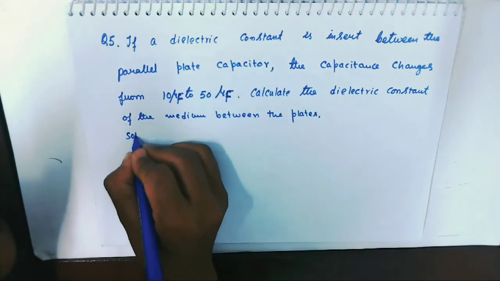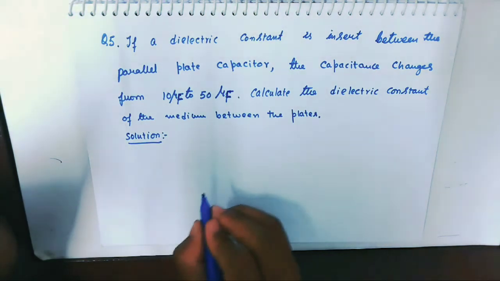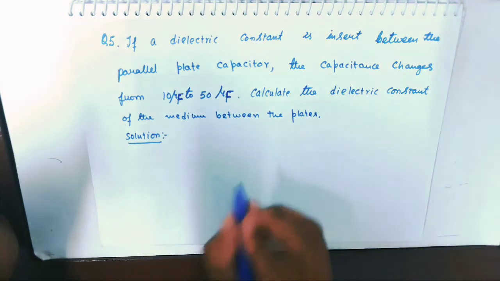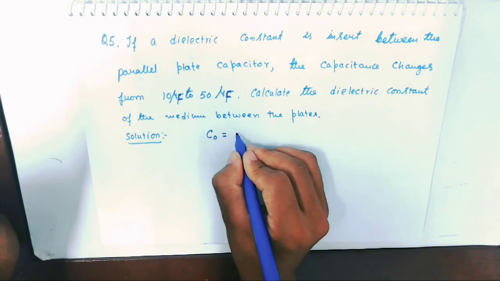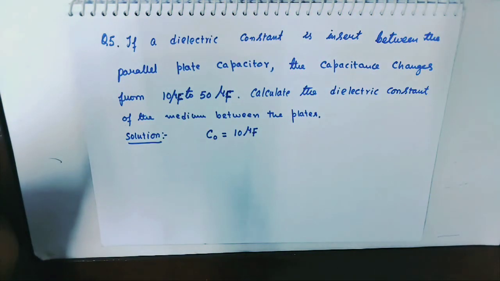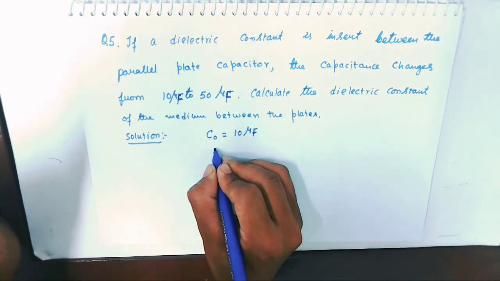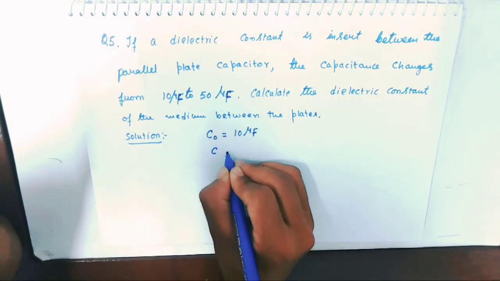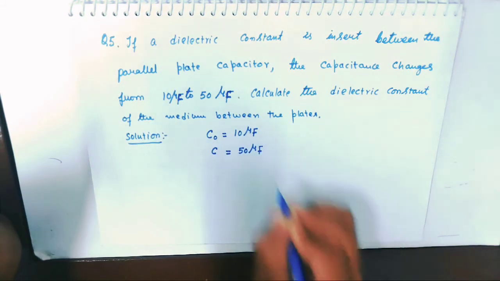Solution: it is given that the capacitance of a parallel plate capacitor in the absence of dielectric, say C naught, is equal to 10 microfarad, and in the presence of dielectric, the capacitance is C equal to 50 microfarad.